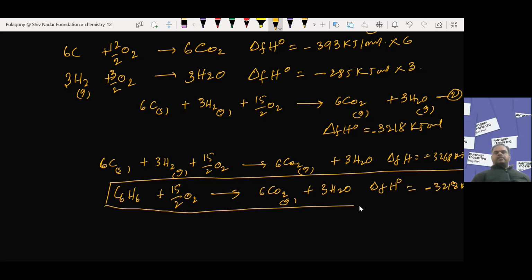The inverse of this enthalpy change will be: 6CO2 plus 3H2O gives rise to C6H6 plus 15/2 O2, and the enthalpy is equal to plus 3268 kilojoules. So I did the inverse of this equation.